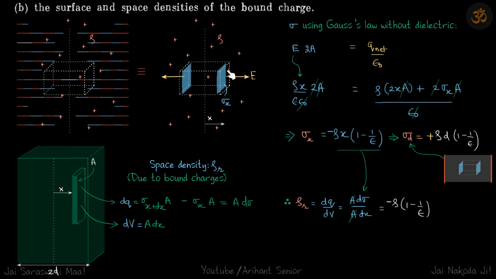That will generate a sigma x inside, and it will also generate a positive sigma x outside, but we are not bothered about that in this question. In the next question we will use that also. Here it is just sigma x inside the plane, which we needed to find our answer. Actually, sigma x was the answer.